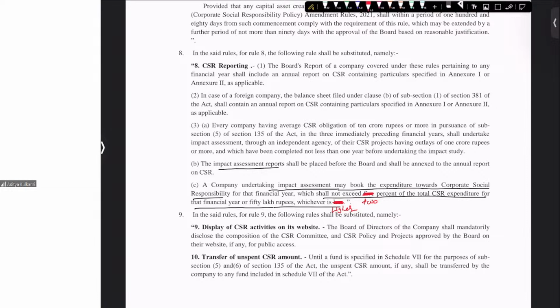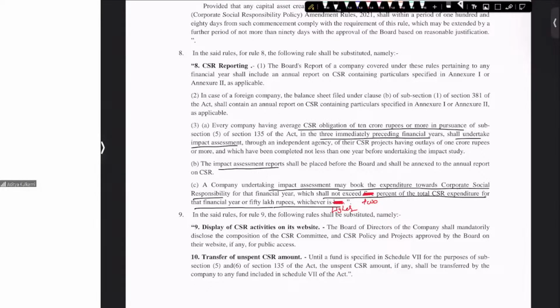Okay. So you can carry out an impact assessment of their CSR projects. Every company having a CSR obligation of 10 crores or more in the 3 immediately preceding financial years shall undertake an impact assessment.